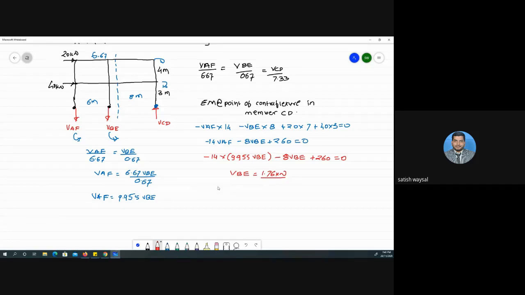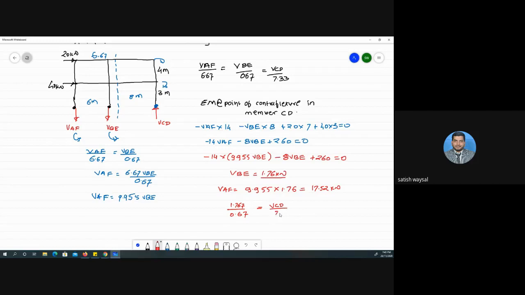Then next, VBE is over. Now we can find out VAF is equal to 9.955 into 1.76, that is 17.52. Now we know the VBE, that is 1.76 upon 0.67 is equal to VCD.